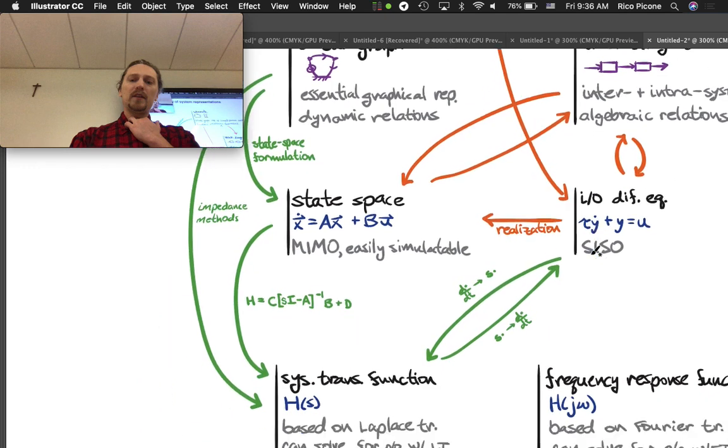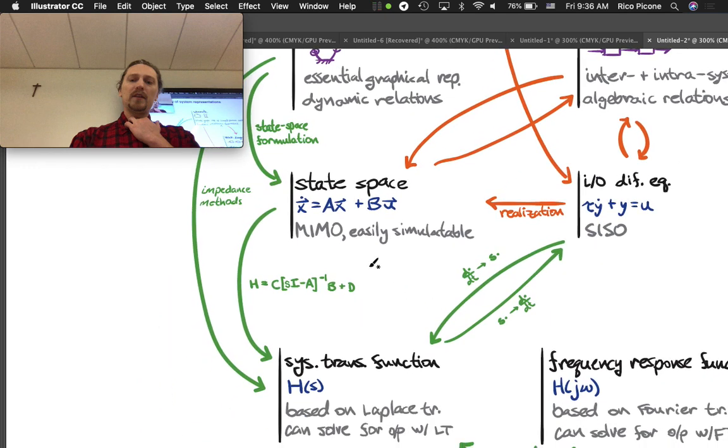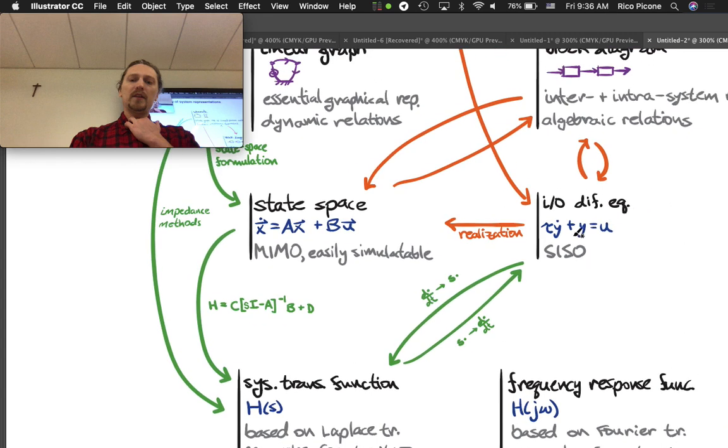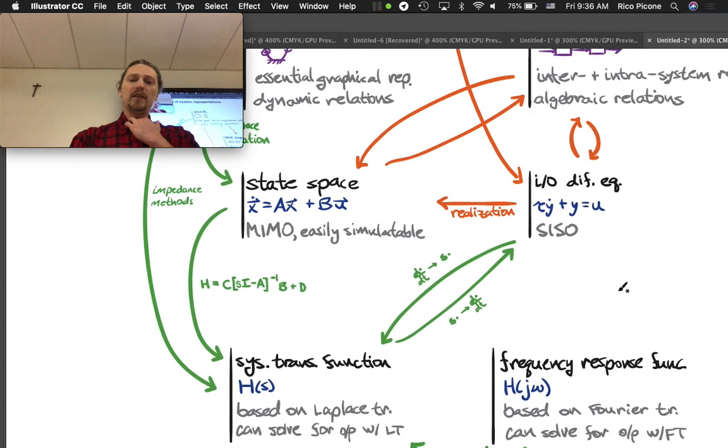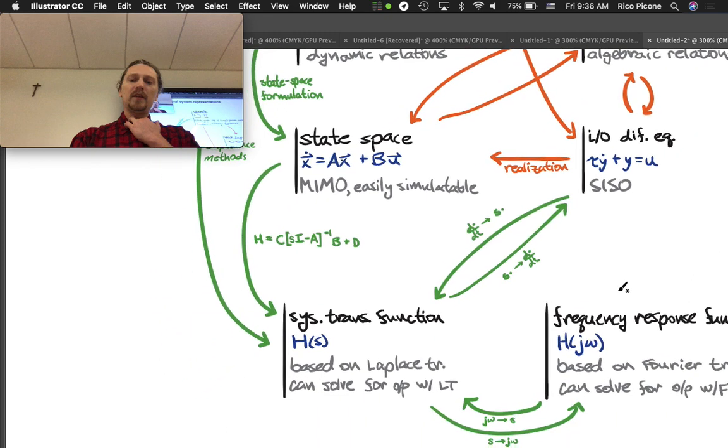Another graphical representation. Then state space models, we definitely have been discussing how to construct. I/O differential equations are representations we started with. This is what we started at the very beginning of the class with, representing dynamic systems as scalar differential equations. And then we just learned about the transfer function along the way here.